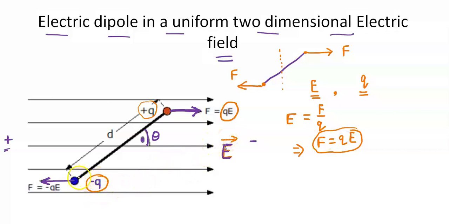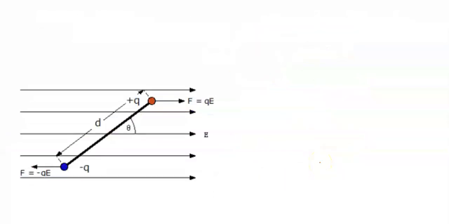Now you know that this dipole length, given as D, we will assume it 2a only, which we always do. You see that when two equal and opposite forces are acting on an object in opposite directions, a torque is produced. So here a torque will be acting, and torque is denoted by tau.